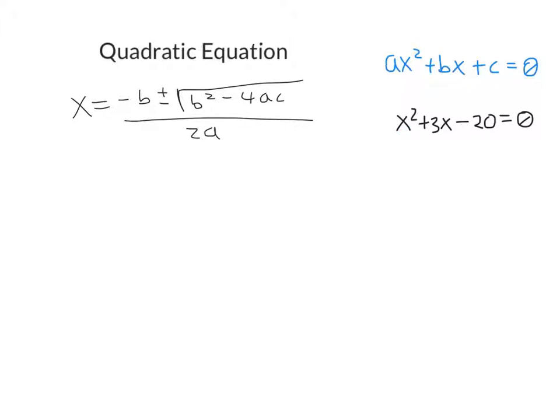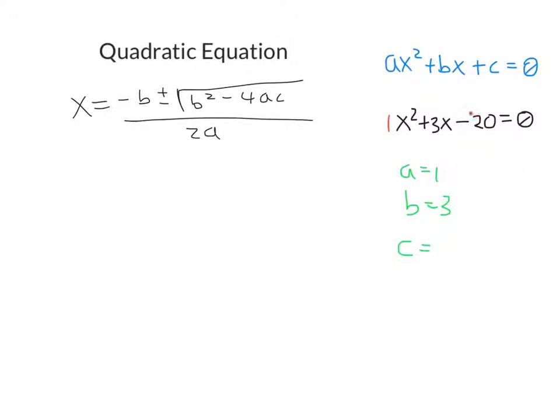In this case, our a is this invisible 1 that's in front of the x squared. So we could write a equals 1. B in this case is clearly this 3, and therefore b is 3. And c is, got to be careful, up here it says plus c. Well, what are we adding over here?